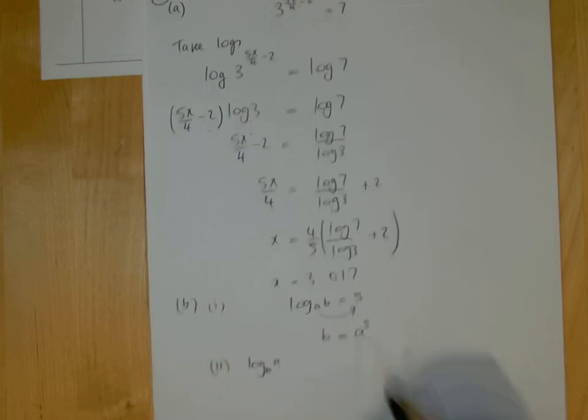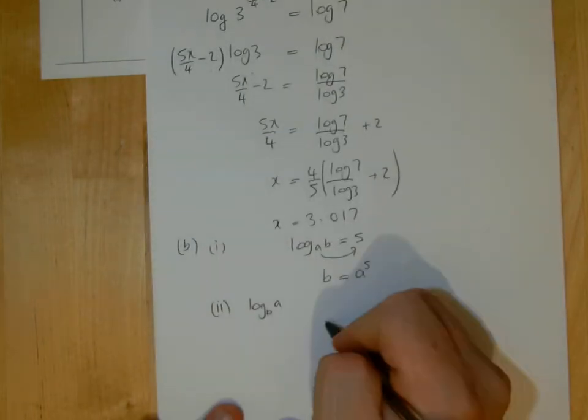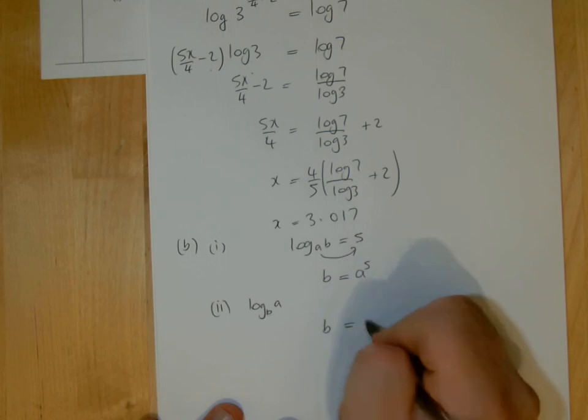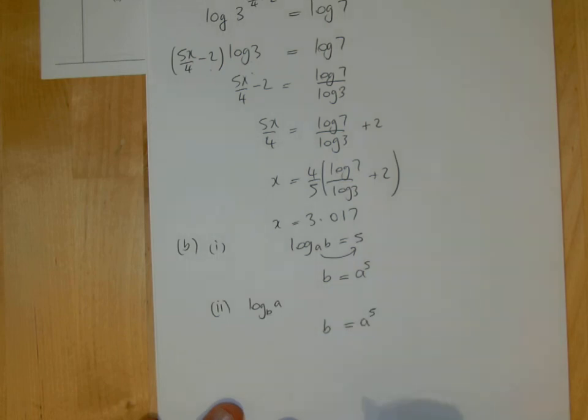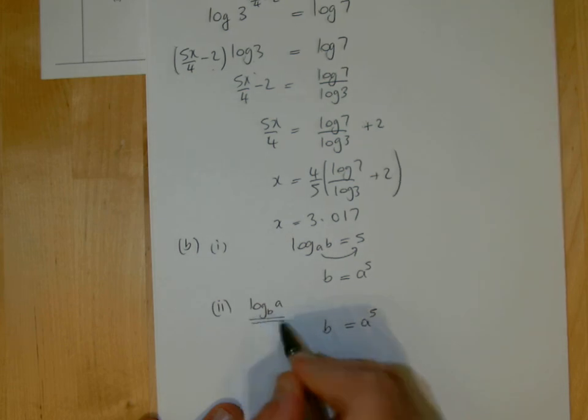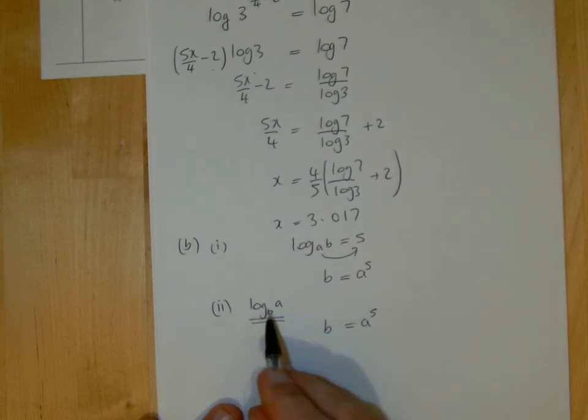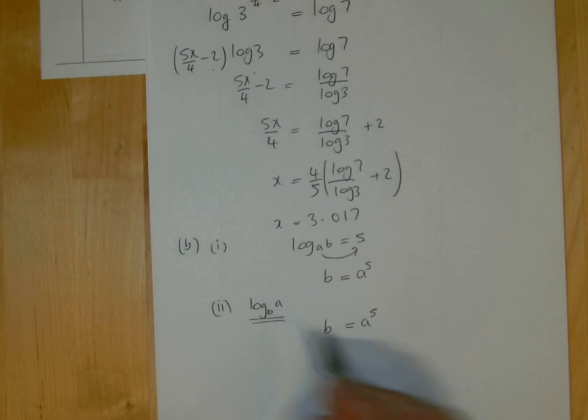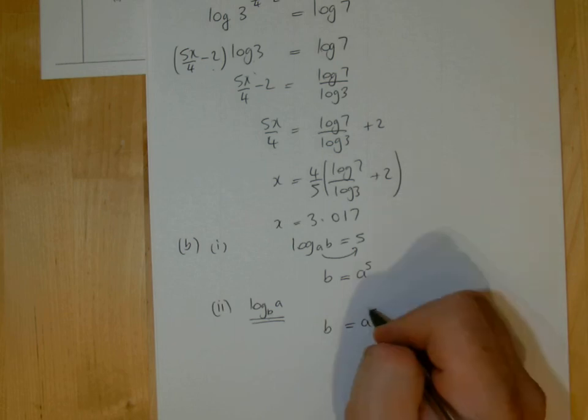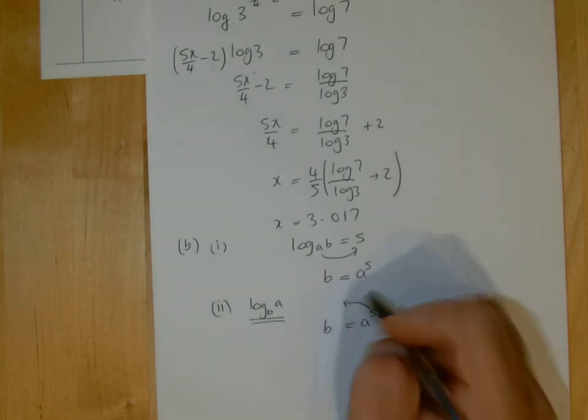So I need to use what I've got from part 1. Just think about that for a minute: I want b to be my base, so I need b to have a power. So b hasn't got a power at the moment, the power is here. What I can do is take the power over the other side, can't I?